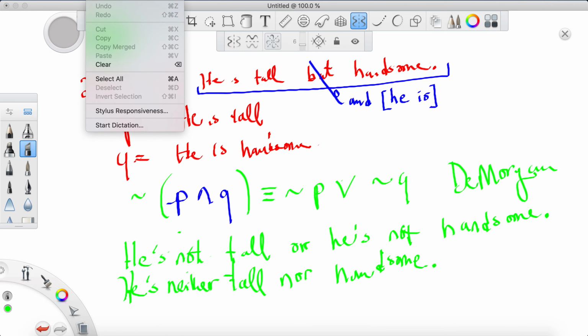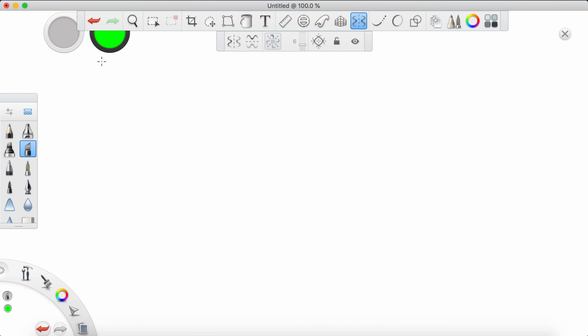Okay, and as I promised, we're going to do one more example. So problem 4, it's kind of funny. Well, it's actually not funny. He lost his job or he did not go to work today.